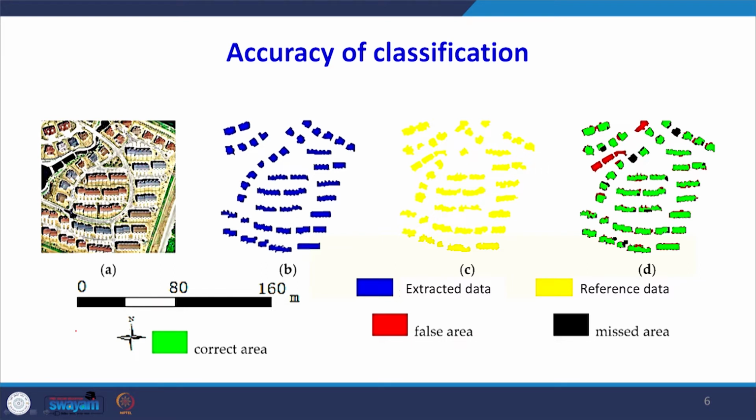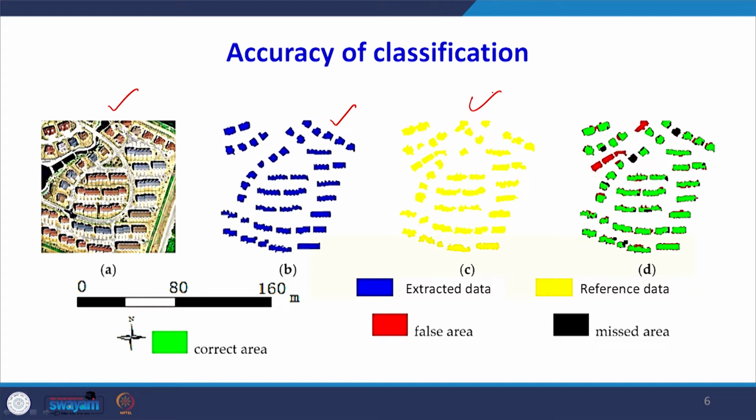On the first left hand side we have the image, and from the image we are extracting the buildings, for example, and we have created a map of the buildings, and the third one is the reference data. It could be data which is very, very accurately taken either from the ground or some other sources, and then we are trying to compare B and C together.